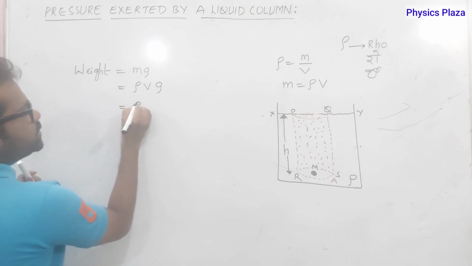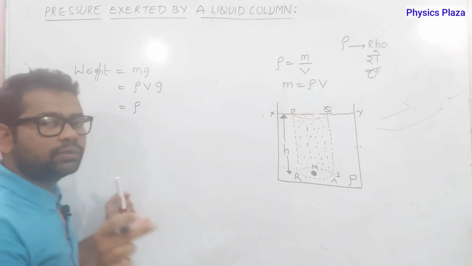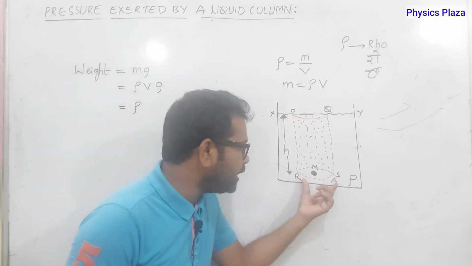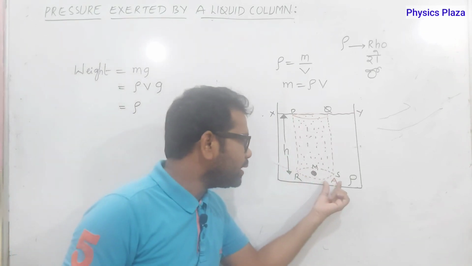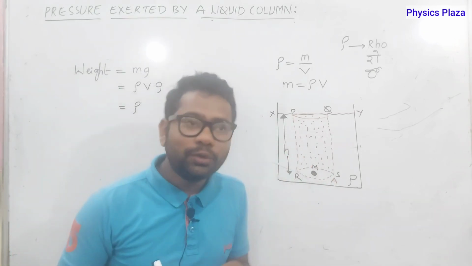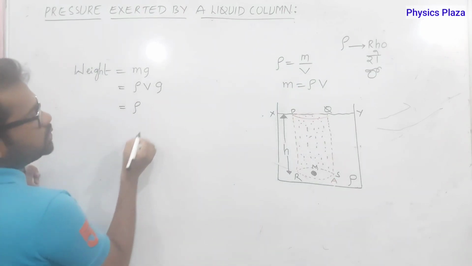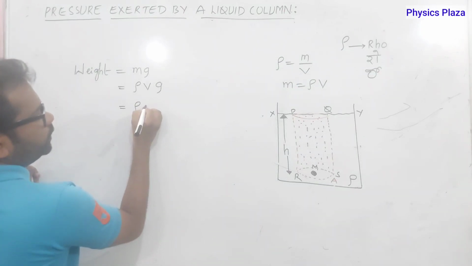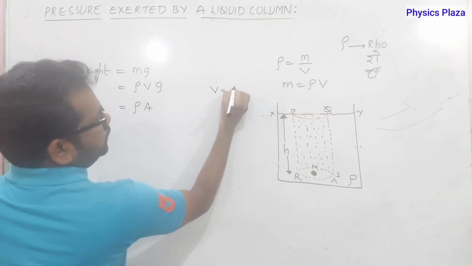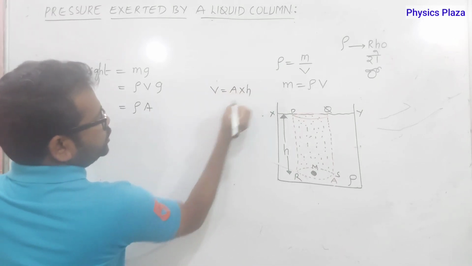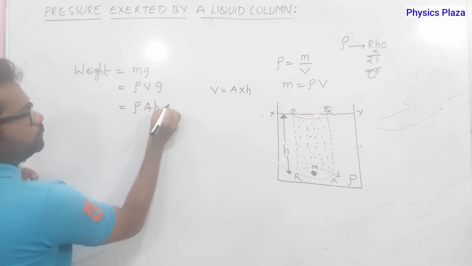So, density into, but how to calculate the volume, children? Yes, we have area A, height H, that is area into H will give you the volume. So, V is equal to area into H.